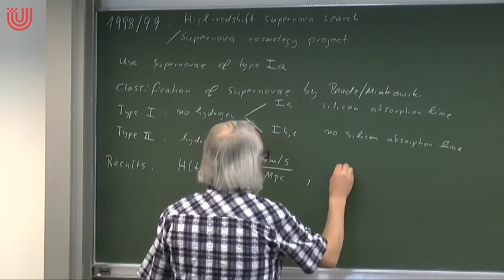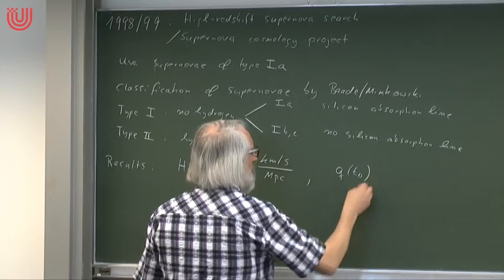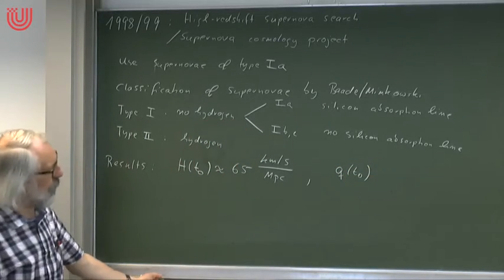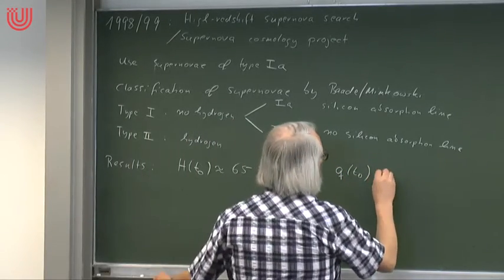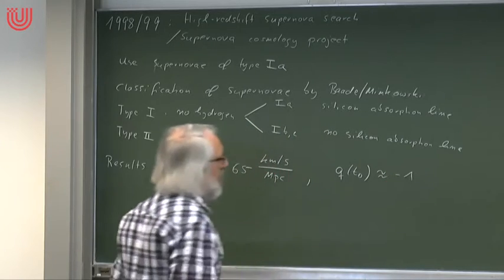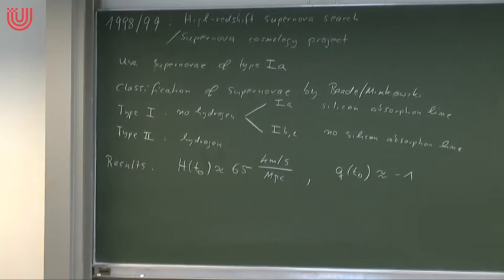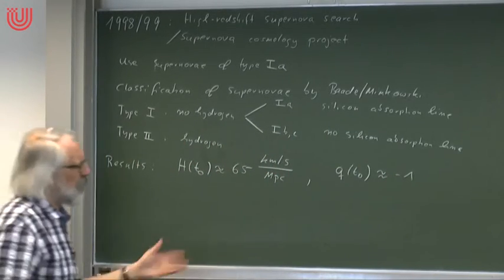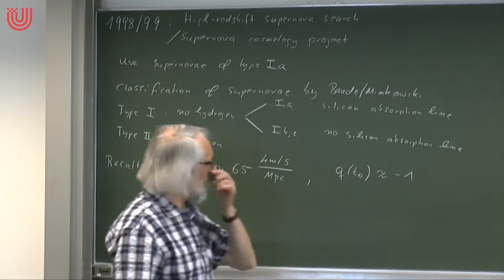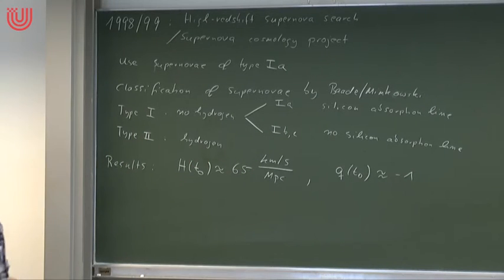And the striking result was that they found clear evidence for the fact that Q of t0 was negative. So the most likely value was something like -1. Not +1/2, but rather -1, but with a very high statistical uncertainty. So it could be closer to 0, but it was definite that it was negative.